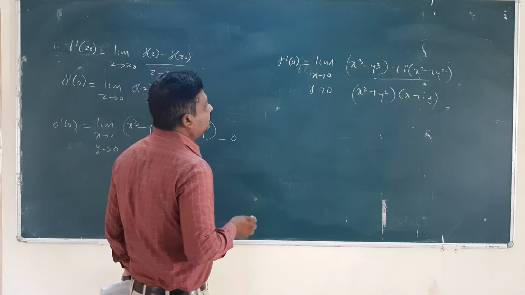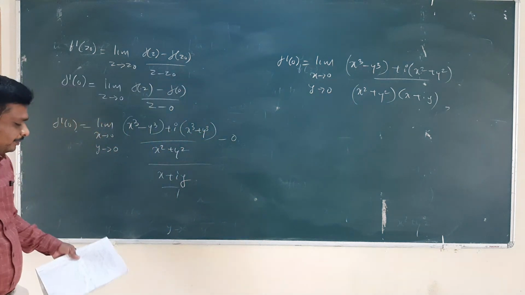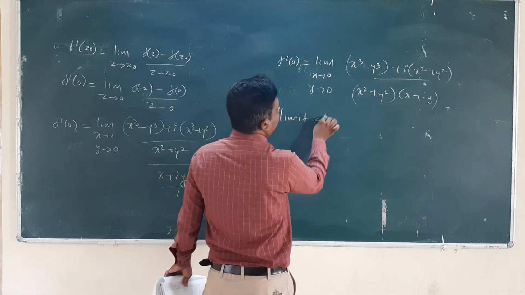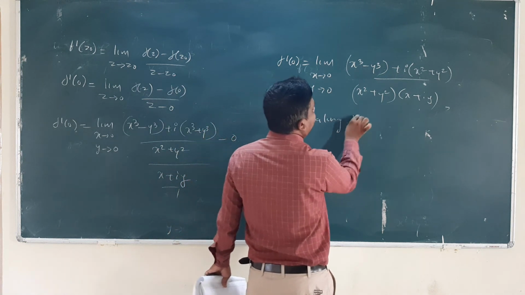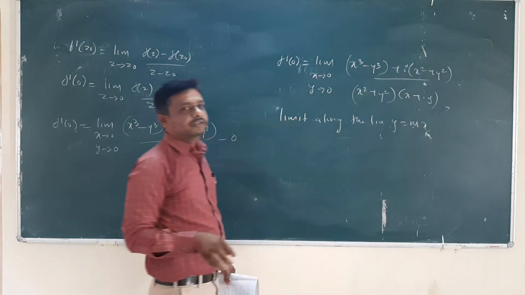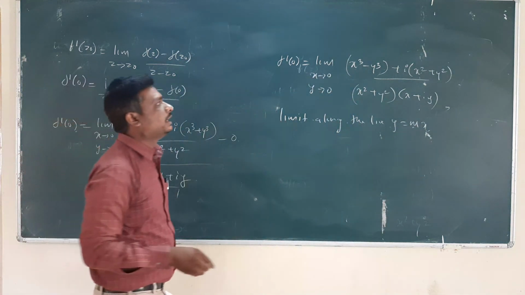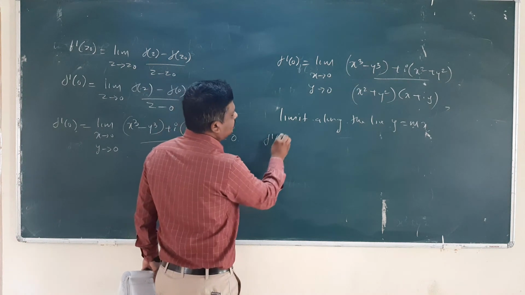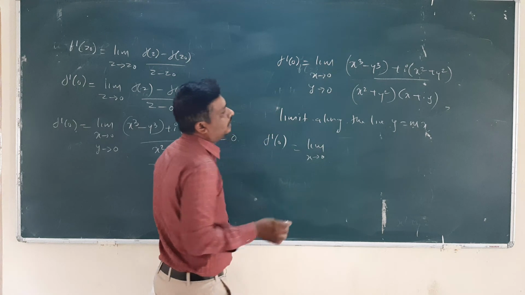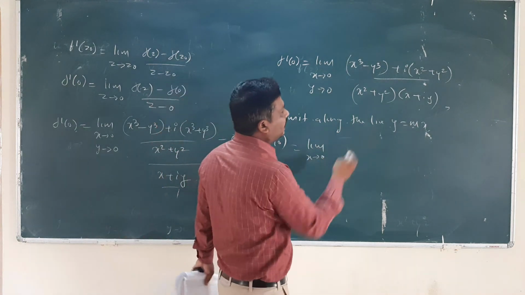So then now I will consider the limit along the line y equal to mx. So I will verify along the straight line y equal to mx. This implies f dash of 0 is equal to limit of x tends to 0. Here I am replacing the value of y by mx.